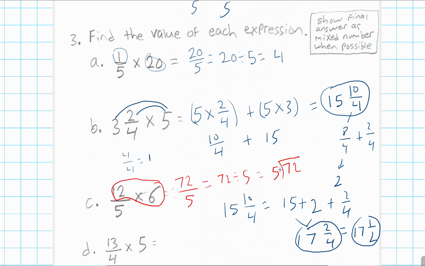Okay, so how many times can 5 go into 7? So let's use the standard algorithm for this. So it can only go one time. So I know that 5 times 1 is 5.